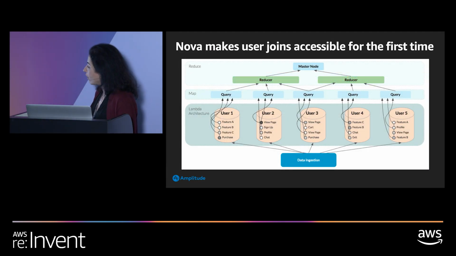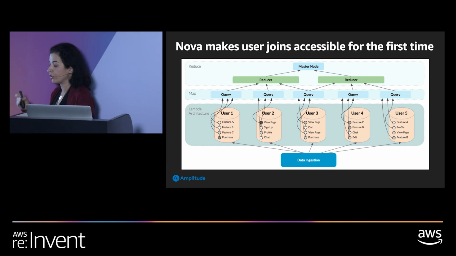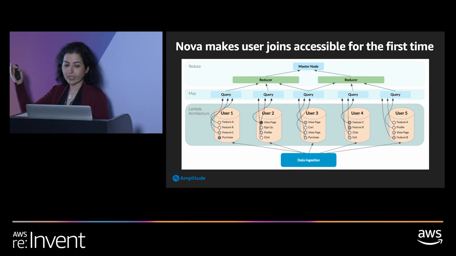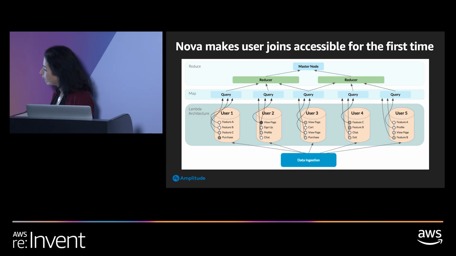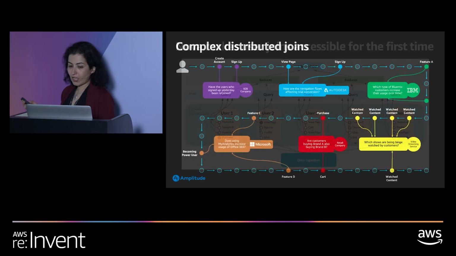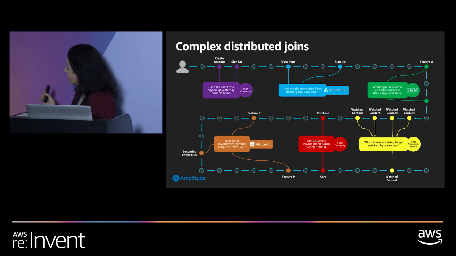And that would allow us to do this complex distributed join. You'll see that you're looking at different attributes, the events that the user has gone through, and our query engine can gather that data, and then we can merge them and answer any hard queries that you might have. Some examples of queries are what you can see here.